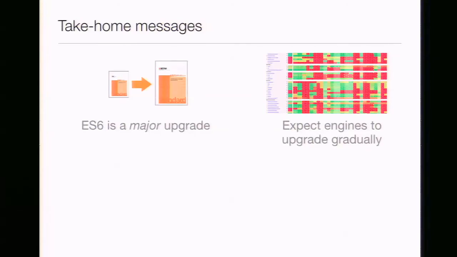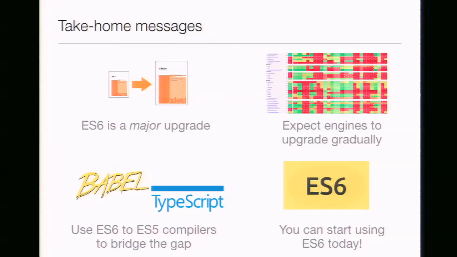Okay. So it's about time for me to wrap up. So the message I want you to take home is that ECMAScript 6 is a major update to the JavaScript language. I would say it's the biggest update to the language since its birth in around 95. So we're in a transition period today where some browsers or platforms already implement part of the spec, but not yet everything.